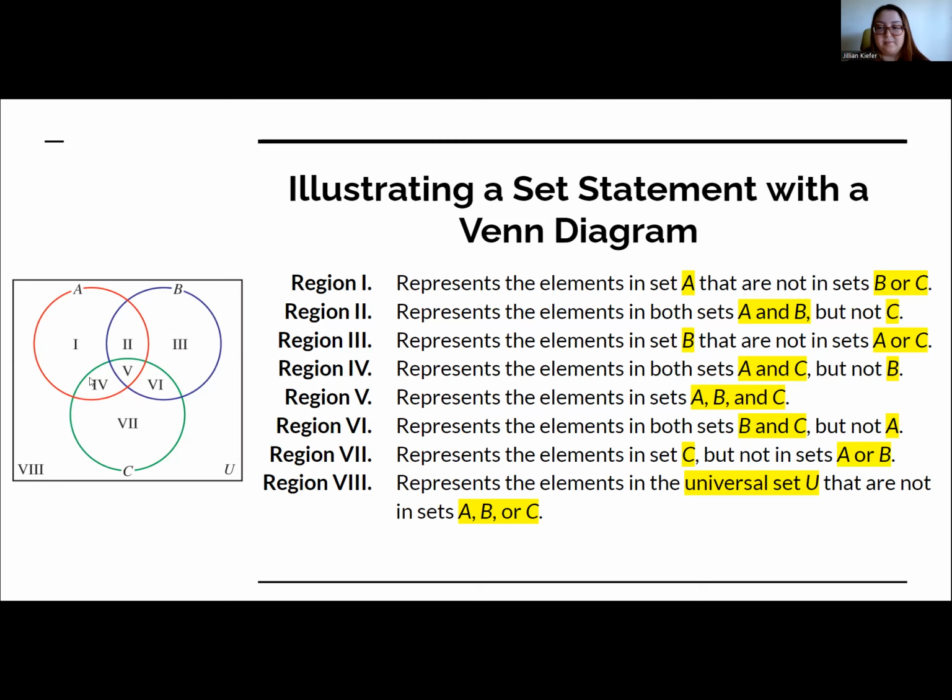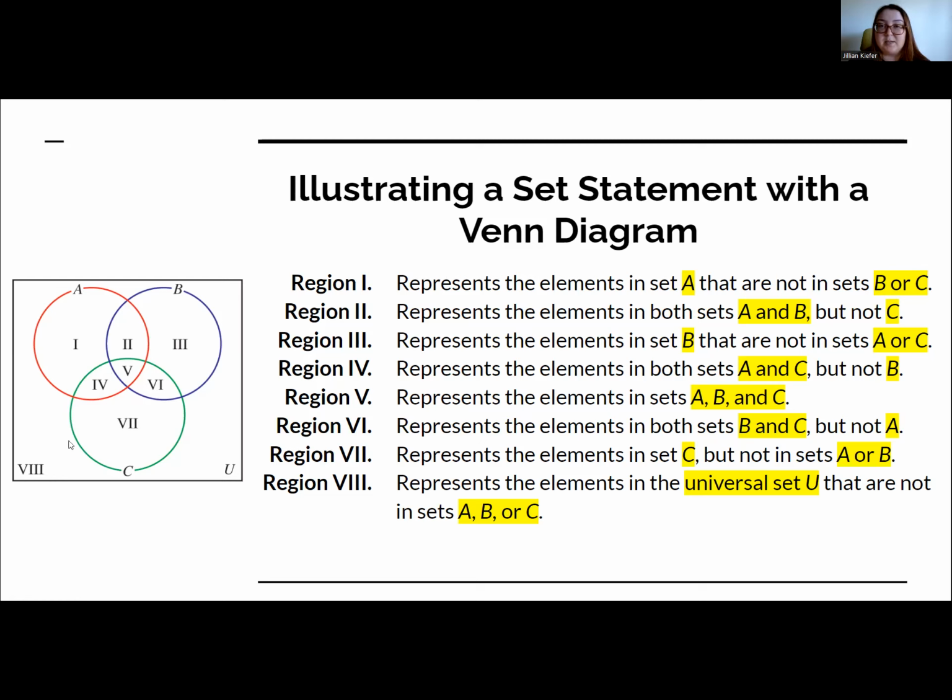So this right here. Region 5 is the elements in all 3 sets, A, B, and C. What is in all 3? Then we have region 6, represents the elements in both sets B and C, but not in A, so excluding A, but just B and C. Region 7 is what is in C, but not A or B, so only in C. And region 8 is our final region.